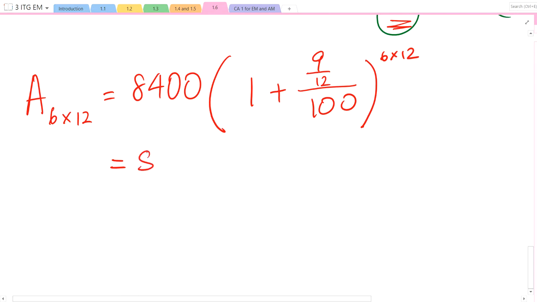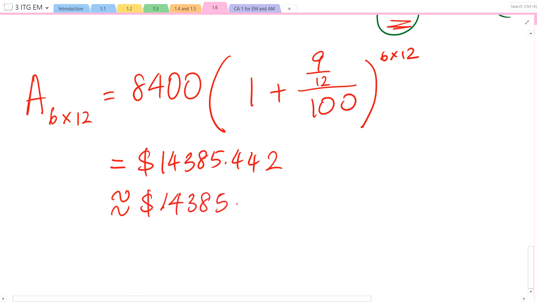And I should get 14385.44 with some more decimals. Use your calculator, give me at least one more value over here. Oh, it's a 2, is it? So 2, then we round it off to 2 dp. You can round it off at this step because subsequently when you minus your 8,400, you are going to get the required amount, which is the interest.